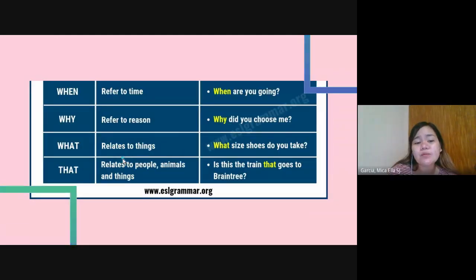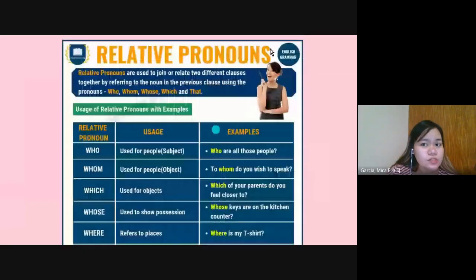We use the relative pronoun what when we are referring to a thing. And lastly, the relative pronoun that is used when... anyone?